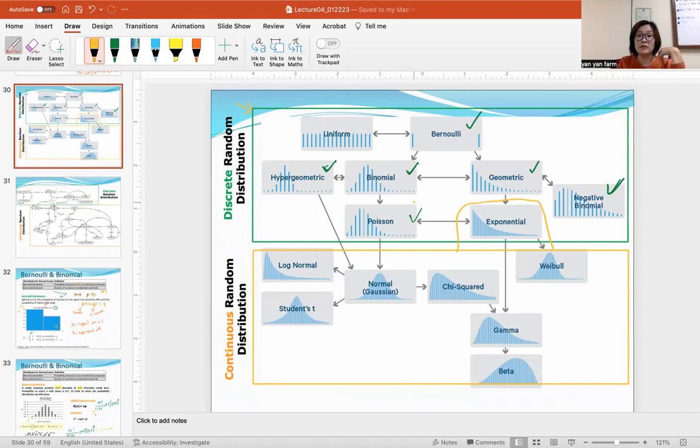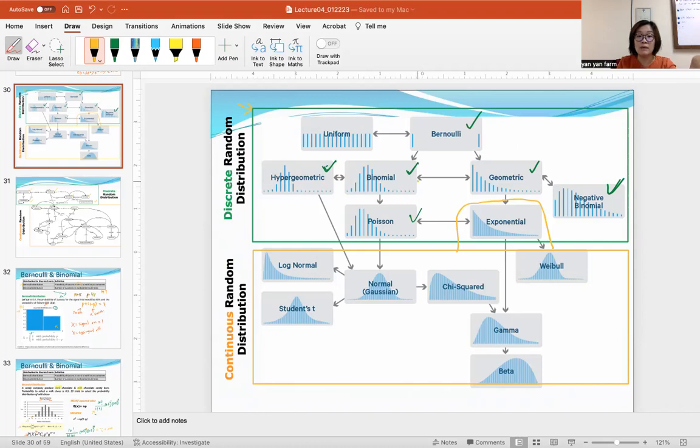Therefore we need variance. We need variance to see the variability in the data, how spread out our data is, and how far our sample data is from the mean. This is what we are looking for.